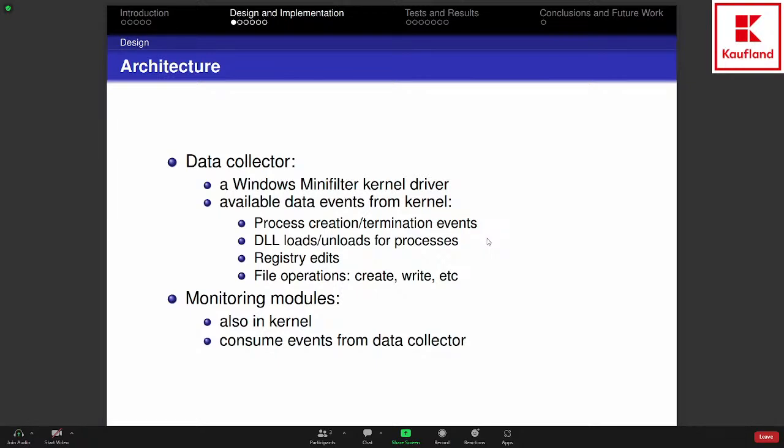So we have a driver component which collects this data, and this component then feeds higher level information, like this process wrote that DLL, or this process created a new service on the system. We have components which then analyze this high level information, identify the patterns and generate alerts.